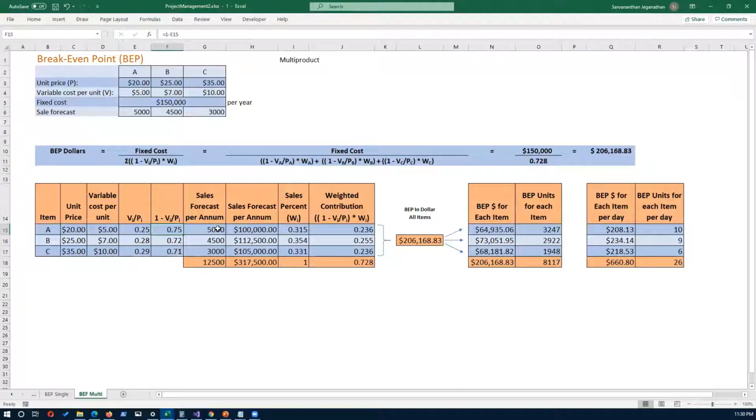We also have the sales forecast per annum, or per year.